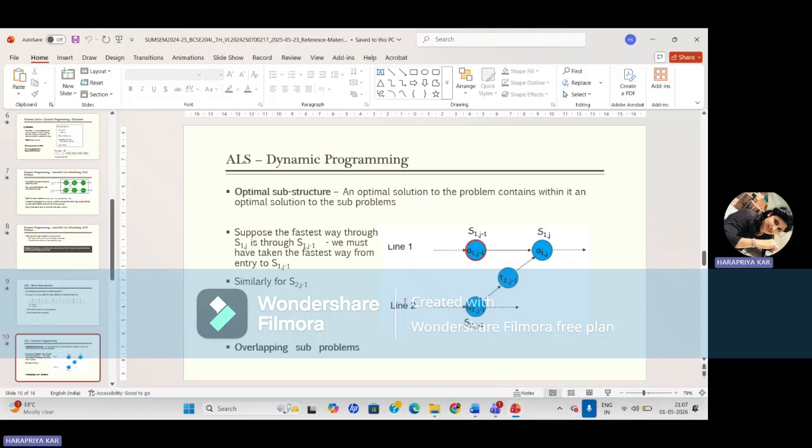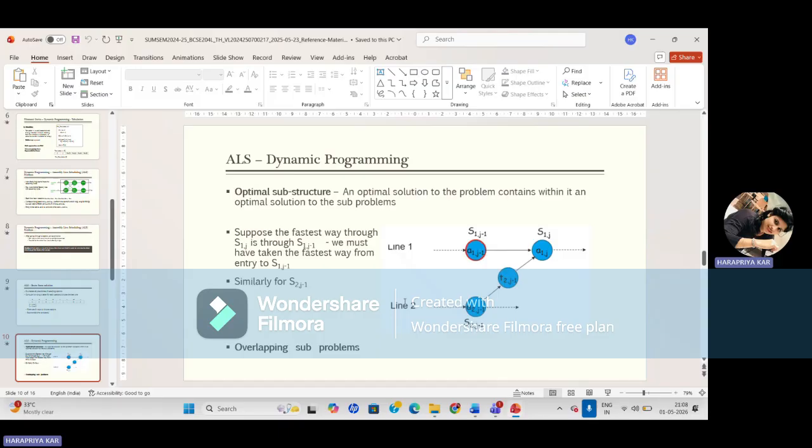That is the overlapping subproblem. If the same context, like the entry, occurs 2 times, it takes more time, because the subproblems overlap. So the optimal substructure should be inside the optimal solution, and again it creates the overlapping. That is about the optimal subproblem.